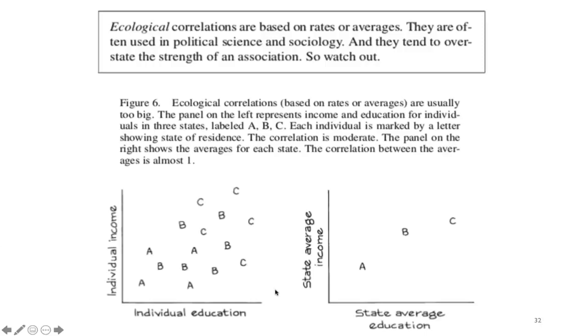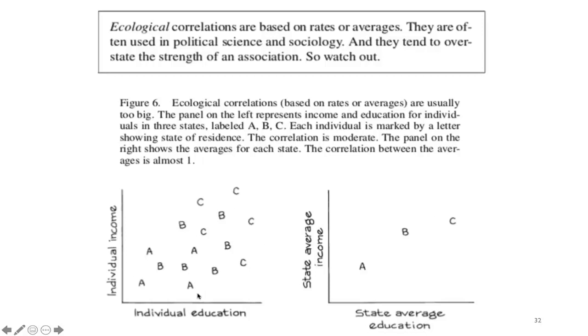Again, here's the picture for it. You look at individual education and individual income. Here are all the people with their income and education. But if I put them into groups by state, say everyone denoted by A is in the same state, everyone in B is in the same state, everyone in C is in the same state, and we replace all of A with one point, the average, all of B with its average, and all of C with its average, notice that the correlation of the averages tends to fall along a line, but in the actual data set there's a weaker association.